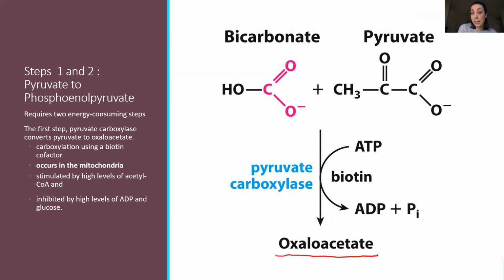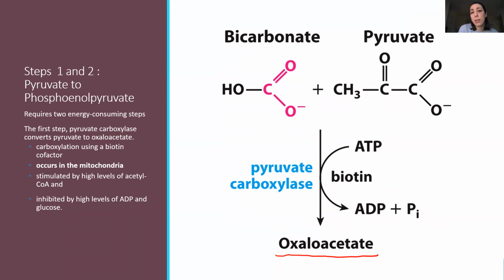Oxaloacetate we will see again when we talk about the citric acid cycle because it is one of the key molecules in the citric acid cycle. So oxaloacetate is a circulating molecule, a circulating amino acid that we will see numerous times again. An interesting thing is that this step, taking pyruvate and making oxaloacetate through pyruvate carboxylase, happens in the mitochondria.